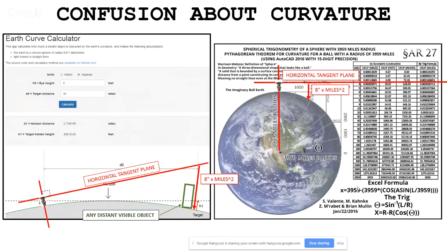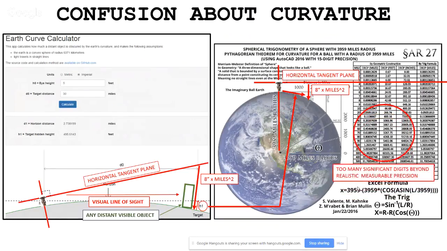If people don't know that, I do have a picture of it a little bit later in this. The Sears Tower is below the horizontal tangent plane. So stop confusing your visual line of sight with the horizontal tangent plane.